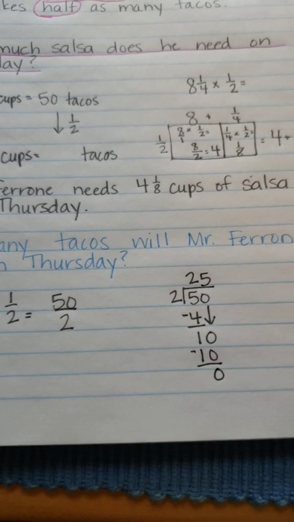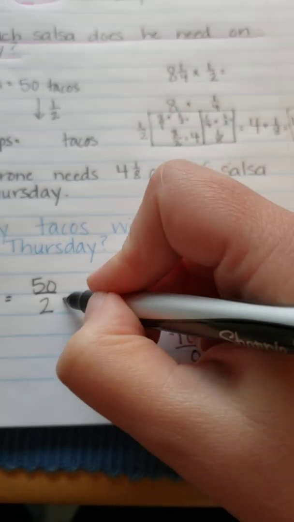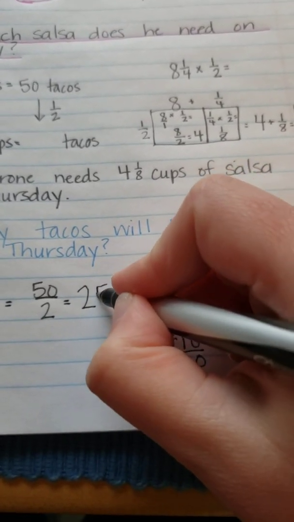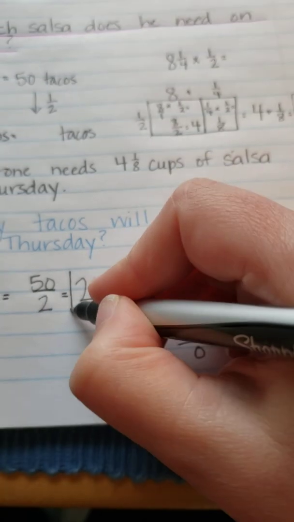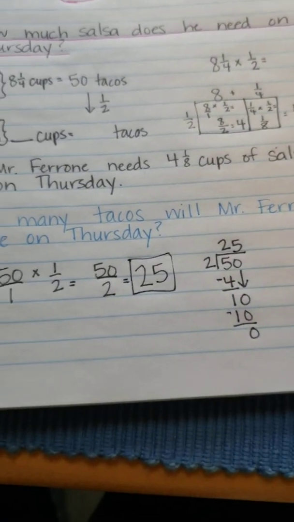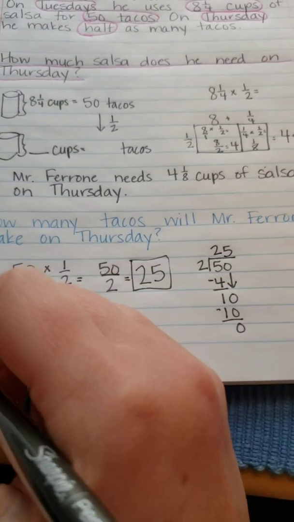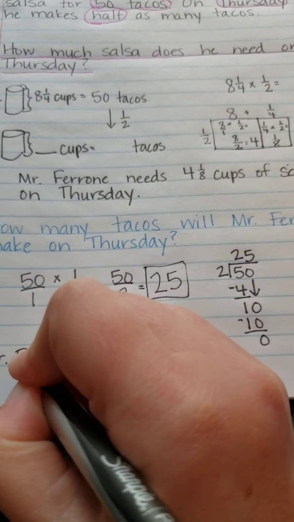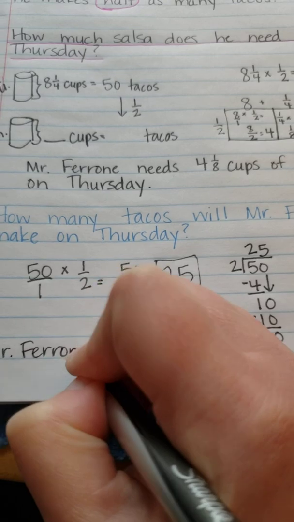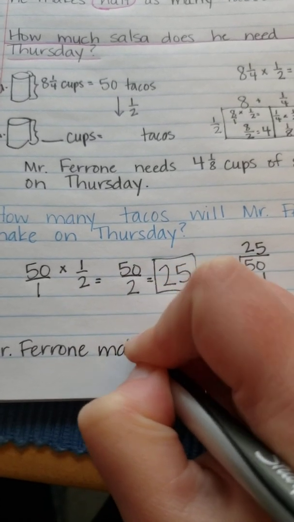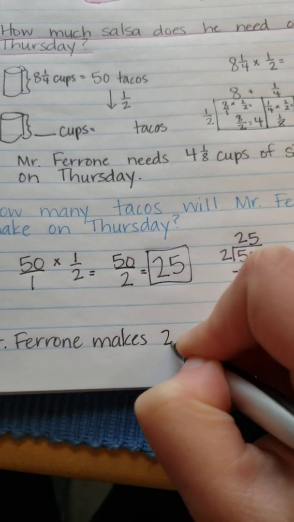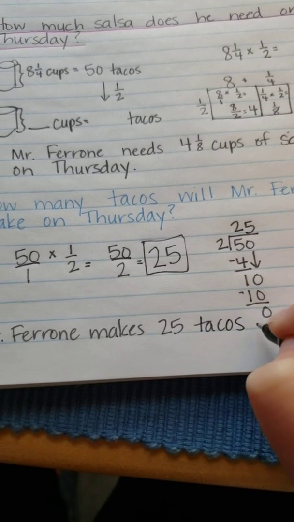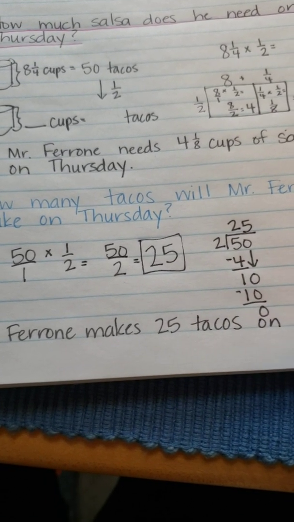Subtract, and I get 0. So 2 goes into 50 25 whole times. And that is in simplest form. So, Mr. Ferrone makes 25 tacos on Thursday.